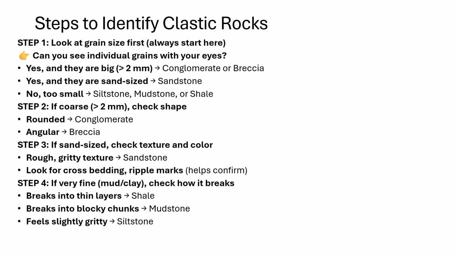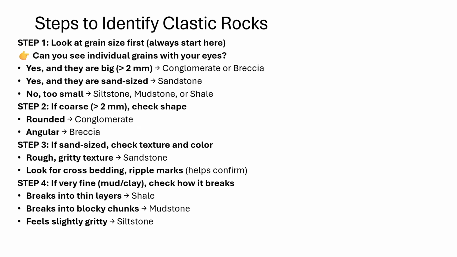But for sedimentary rocks, all right, when you're in the field, you first look at grain sizes. You start here. Look at the grain sizes. Can you see individual grains with your eyes? If yes, are they bigger than 2 millimeters? If they're bigger than 2 millimeters, then you know that you're dealing with conglomerate or breccia.